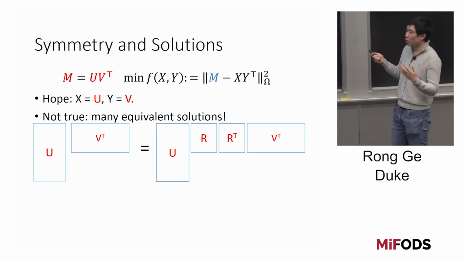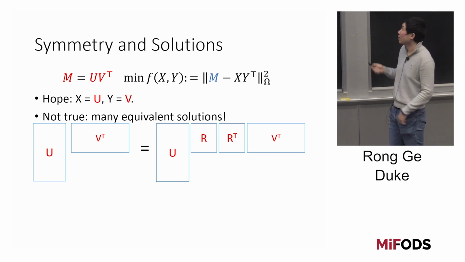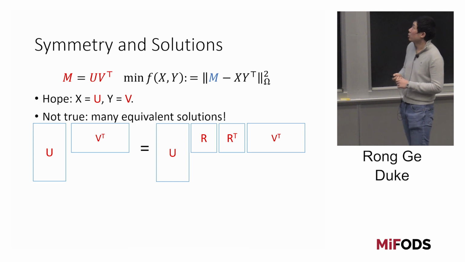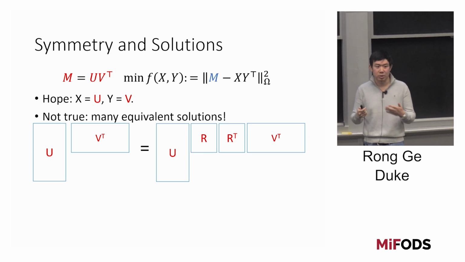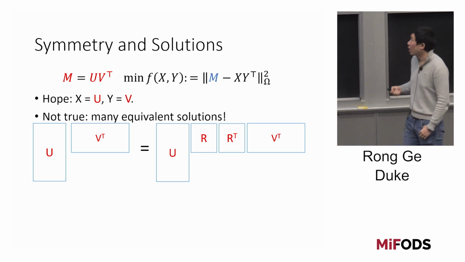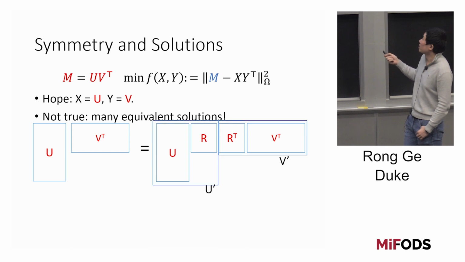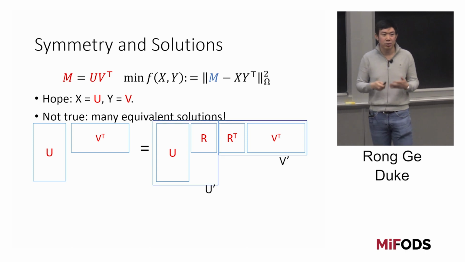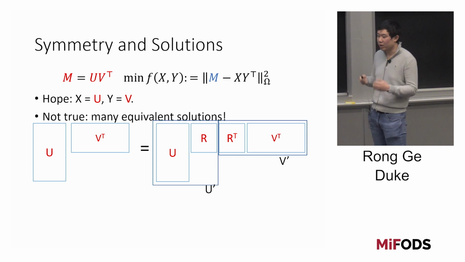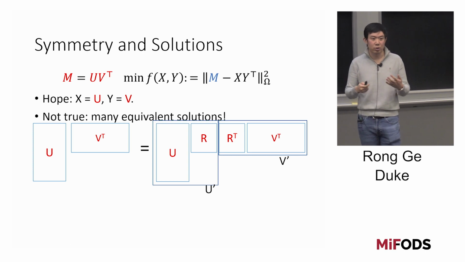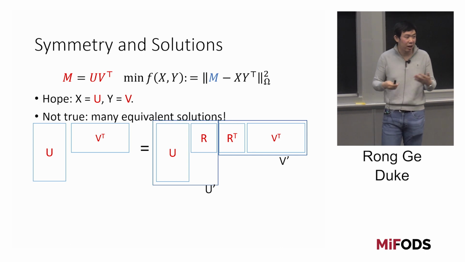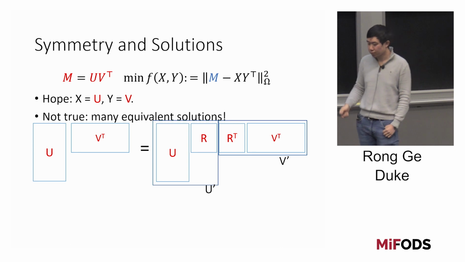By the rule of matrix product, we know u times v transpose is going to be equal to u times r transpose times v transpose if R is an orthonormal matrix, if R transpose is identity. Because of this equivalence, if I think of u times r as my new u, say u prime, and v times r as my v prime, then u prime v prime is going to be an equivalent solution. And this is the kind of symmetry that we have in this objective function.